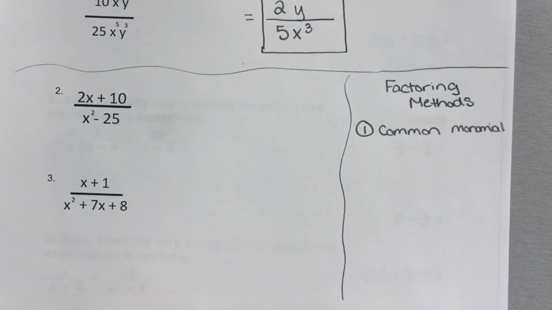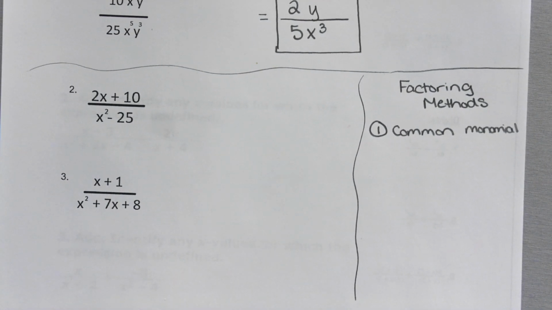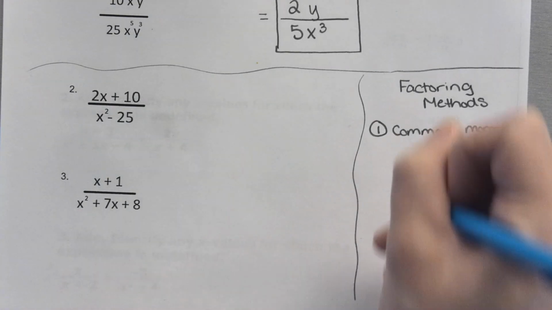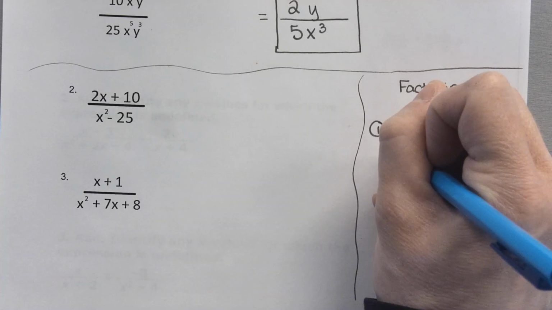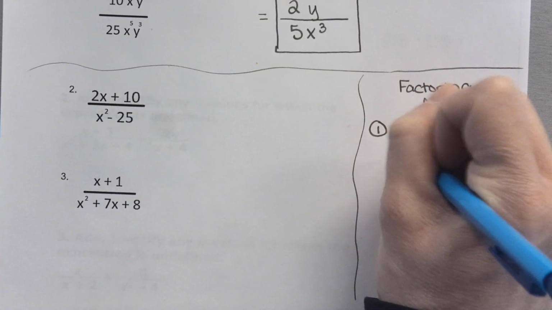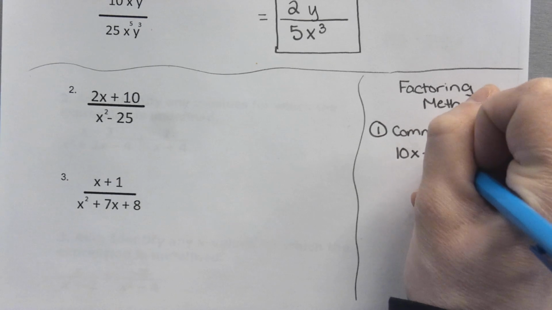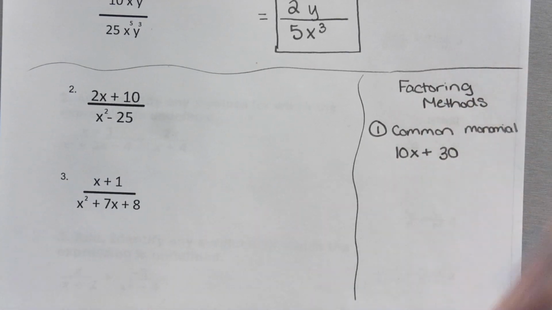Remember, I don't care that you know the names, right? You don't need to know that this is called a common monomial, but you need to be able to recognize it and actually factor it. So let's say you had 10x plus 30. Say you came across that. Is there something these two numbers have in common? 10. 10, right?